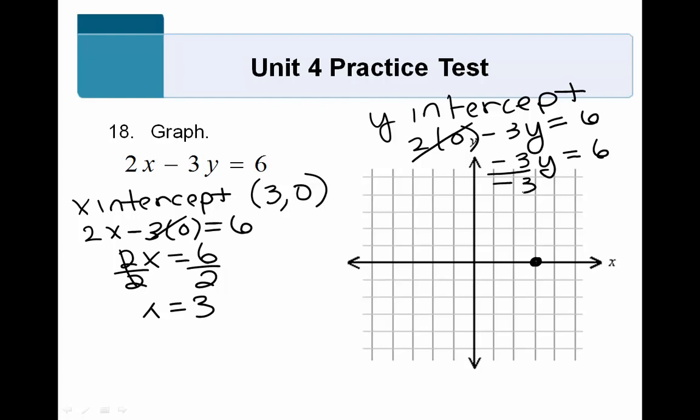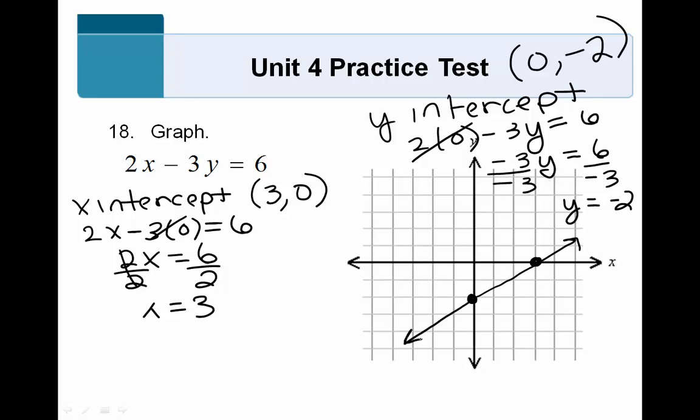Divide both sides by negative 3, and you see y is equal to negative 2. So your y-intercept is 0, negative 2. Your x was 0, your y is negative 2. So that's this point right here. So that's the graph of that line.